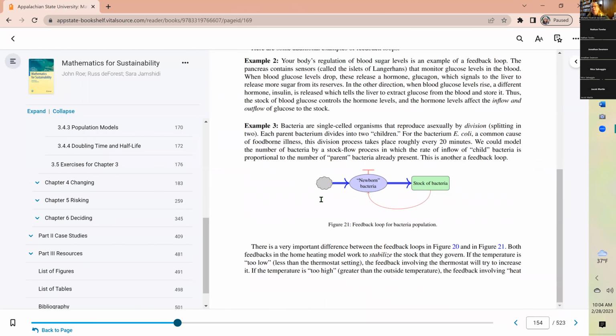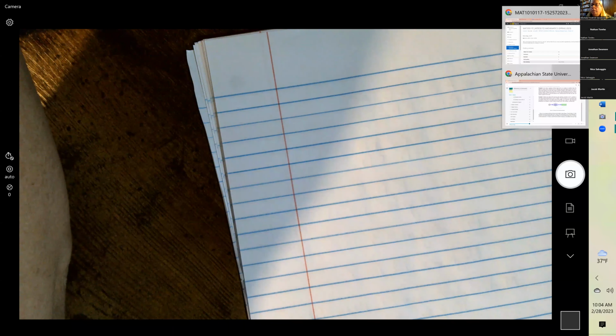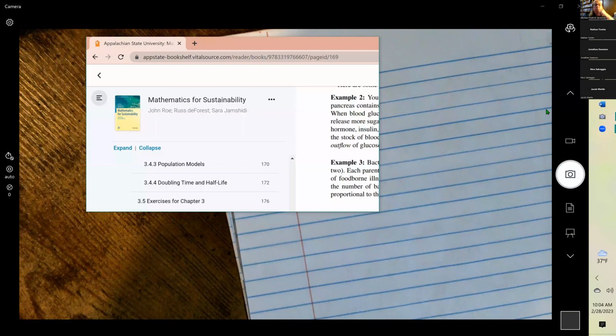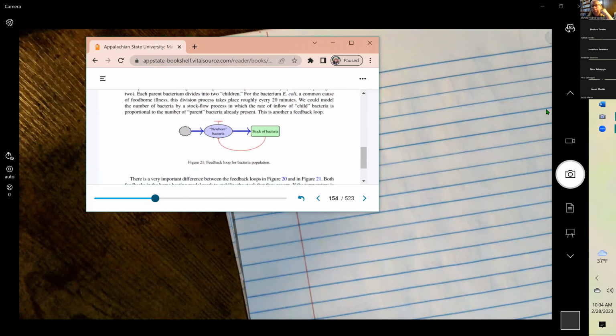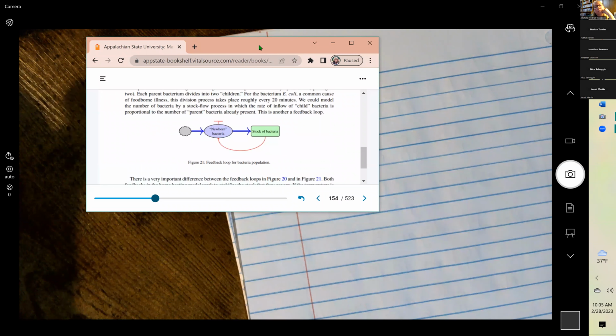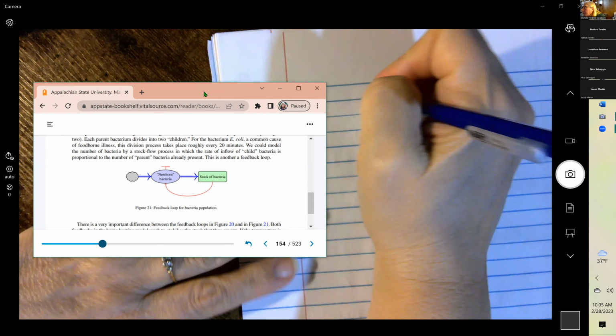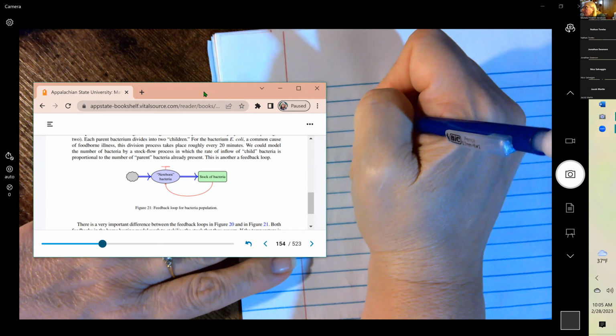It's this figure here, and they want us to put the plus and minuses. Now, remember I gave you rules for how to decide whether it should be a plus or a minus.